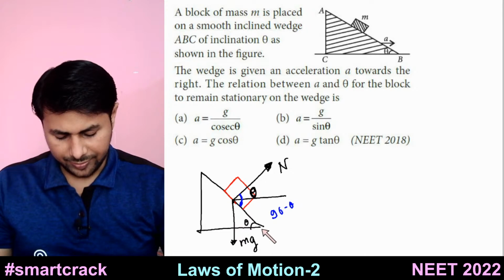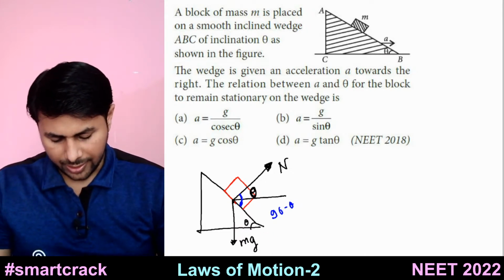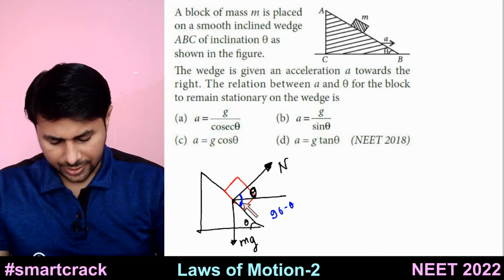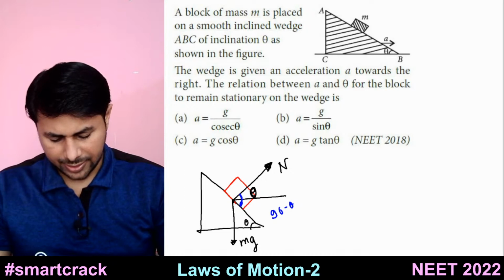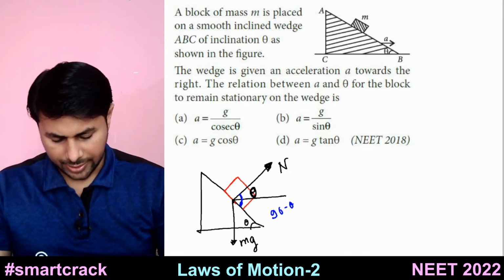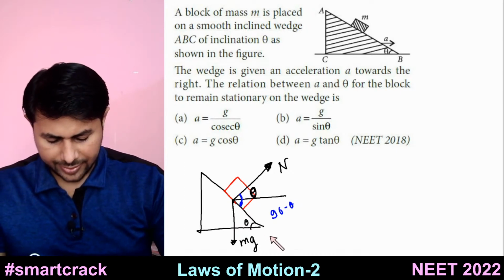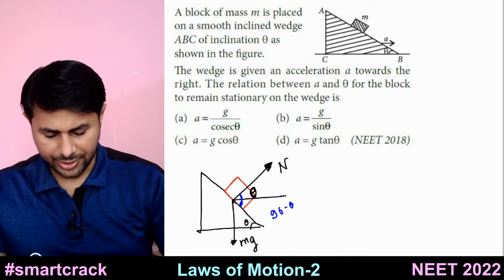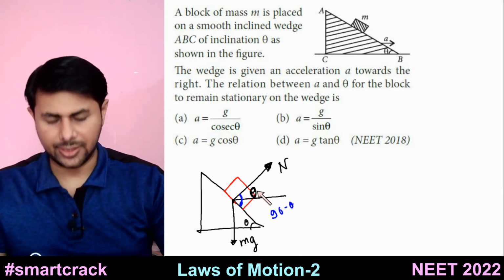This angle is theta, the inclination of the wedge. Then this angle over here is 90 minus this angle. So this angle is 90 minus theta, and this angle is 90 degrees, as the normal reaction is perpendicular to the surface. So 90 minus theta gives us theta.